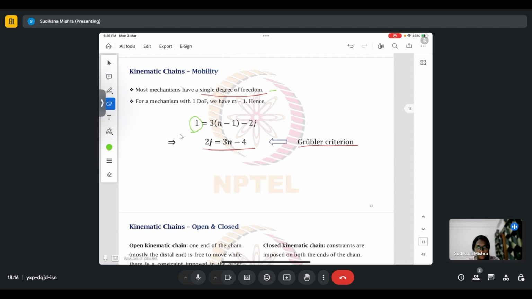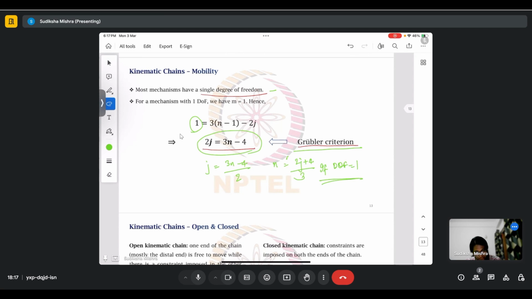If there is 1 degree of freedom in a system, you can find the relationship between the number of joints and the number of links, which is called the Grubler criterion. Assuming that there is 1 degree of freedom, you can compute the number of joints, which is (3n - 4)/2, or you can compute the number of links, which is (2j + 4)/3. This is a very important part.